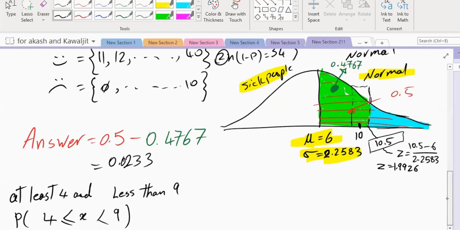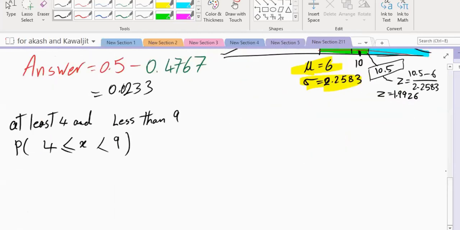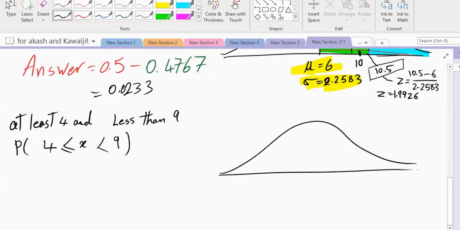Let's do some substantive work. You go through all of that process and you know that it's a binomial distribution. We will use the normal distribution that is similar to that binomial distribution. The only thing that is different now is the points of interest. What are the points of interest in this case? One is 4 and the other is 9.